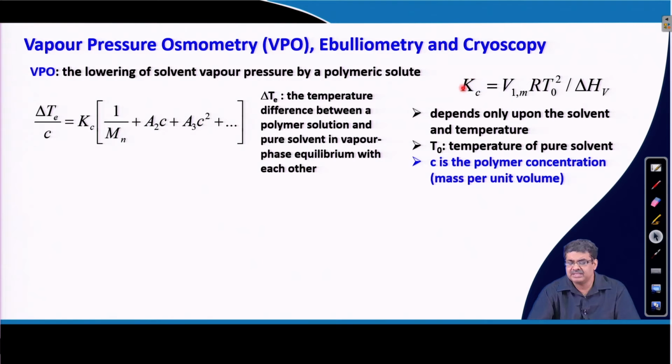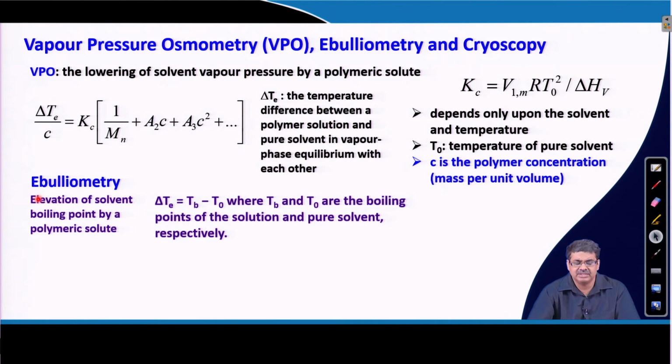So, the value of Kc depends only on the solvent and temperature. In this case also we can find Mn by measuring the delta Te value for different solutions having different concentrations of polymer, and then by plotting delta Te by C with C we can find the Mn from the intercept and A2 from the slope, as we did for osmotic pressure.